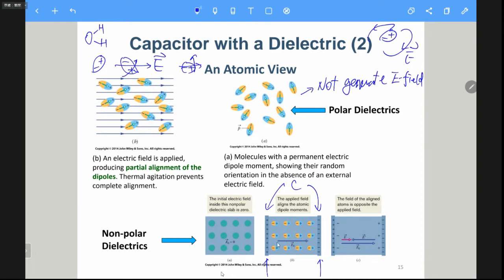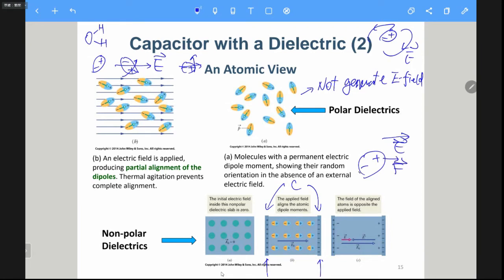So the positive side will interact with the external E field. There will be an E field pointing to the right side, so there will be a force dragging it to the right.